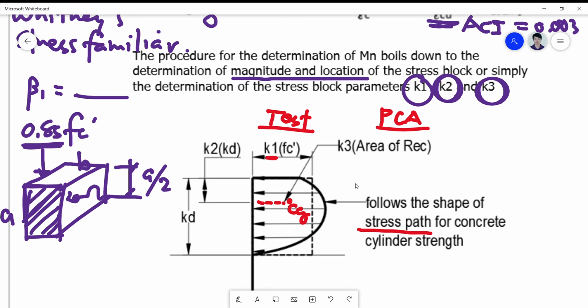No, no. It is actually a one-to-one correspondence or mapping or transformation of your actual shape based on tests. That's why if you say that Whitney is an approximate method on the basis of the shape, it's not. It is actually a transformation of the actual shape into a rectangular stress block based on test.